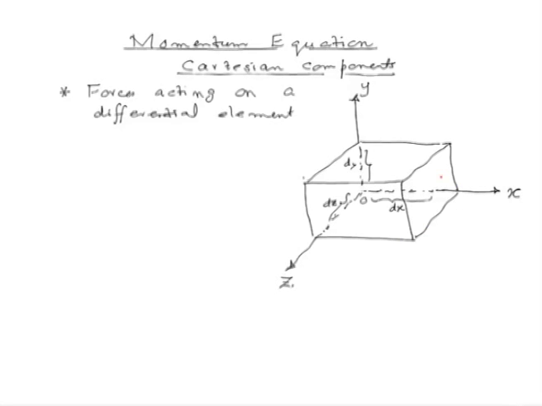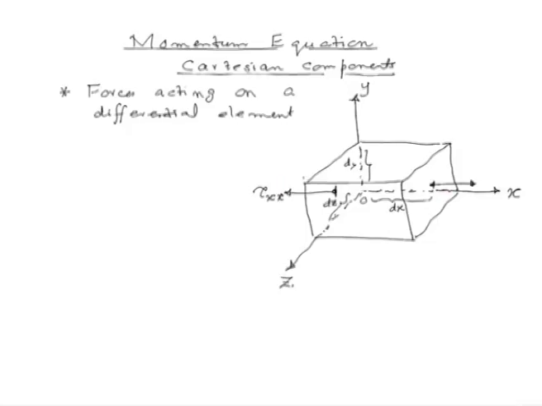Now, let us identify the stress components first on the positive x plane, which will act on the centroid of this face. On the negative x face, let us call this tau x x.